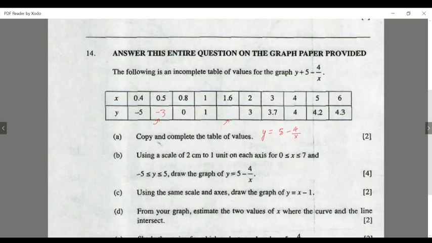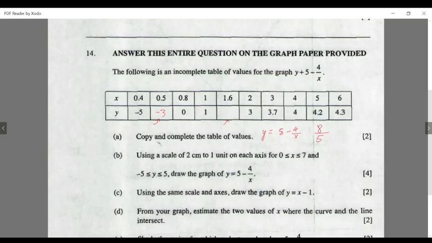The next value, 4 over 1.6. What is 1.6? No, instead of 2, this should be 5 actually. So this is 8/5.